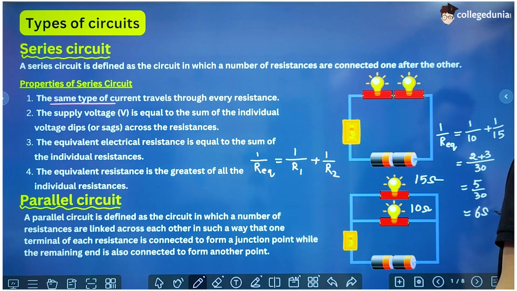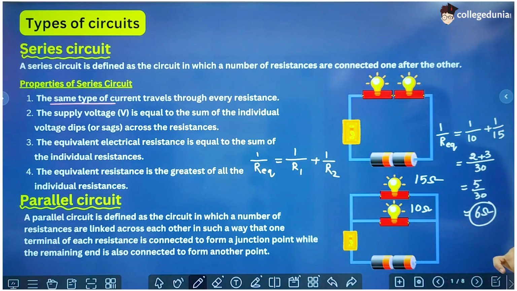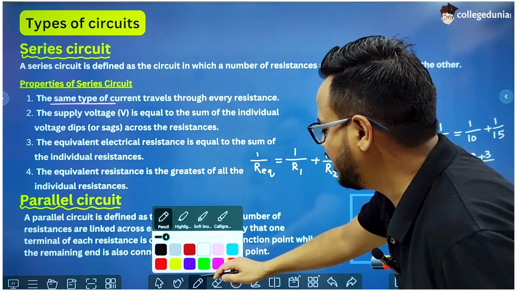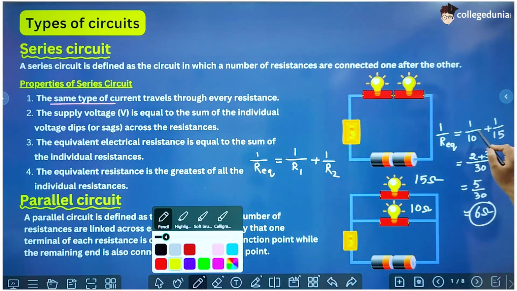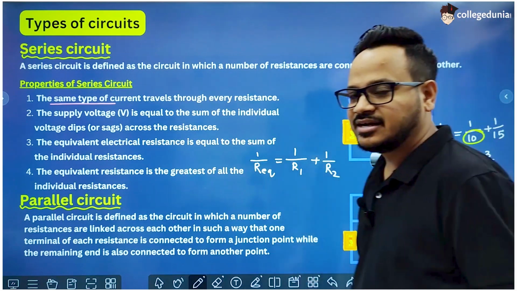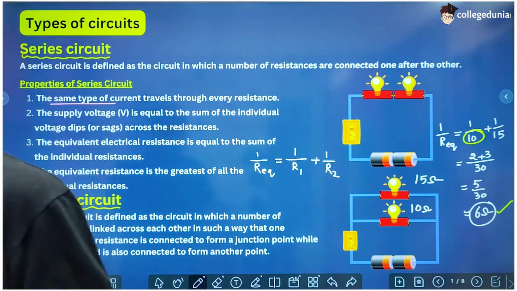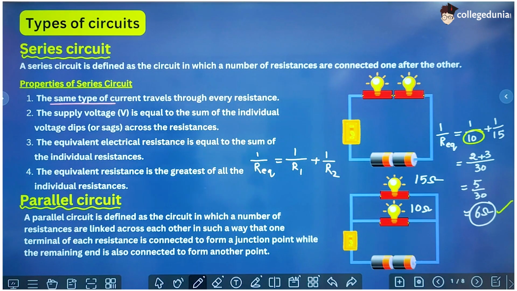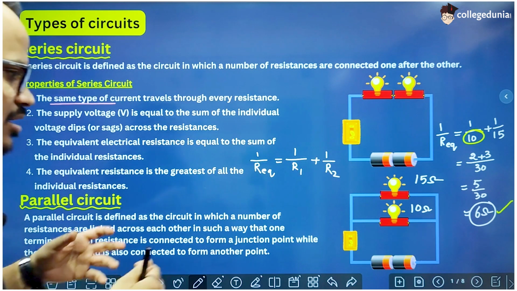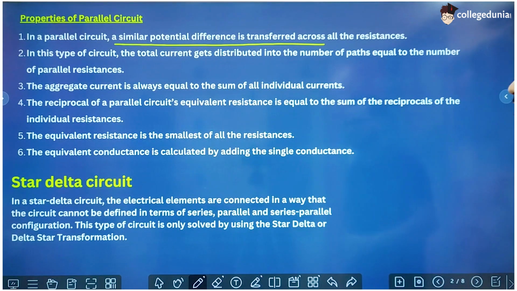It is 6 ohm. So equivalent resistance is 6 ohm, which is lesser than the least value. Least value of these two was 10 and the equivalent resistance is 6, which is less than 10. So if we want to decrease the resistance, we will connect the resistors in parallel, and if we want to increase the overall resistance, we are going to connect the resistors in series.